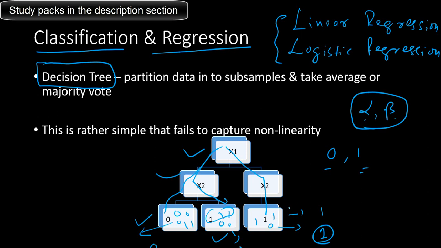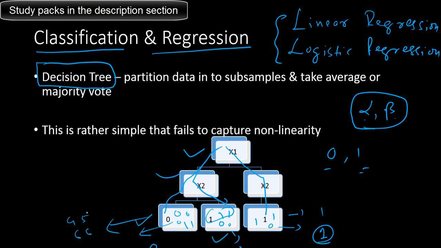The same thing can be done for a regression problem, except that you do not take the maximum value. Finally, you just take the mean of all the observations. Let's say in this particular segment, there are values like 4, 5, 6, 6, and 6.